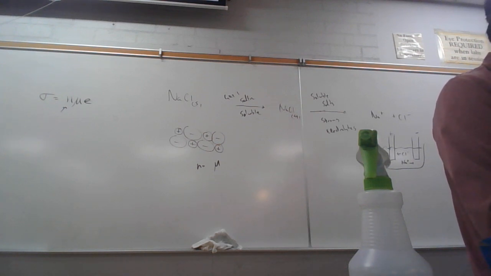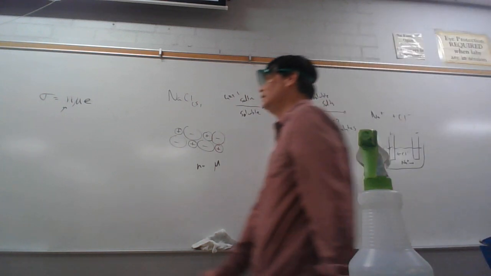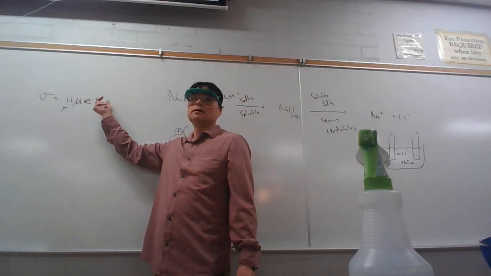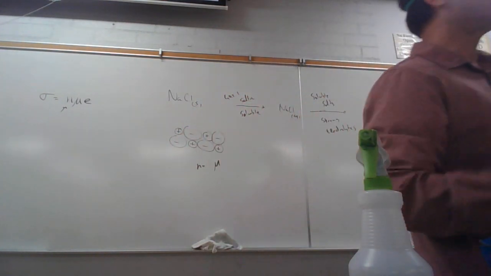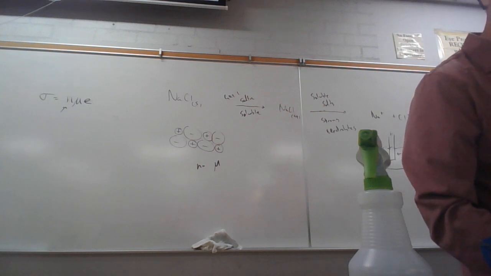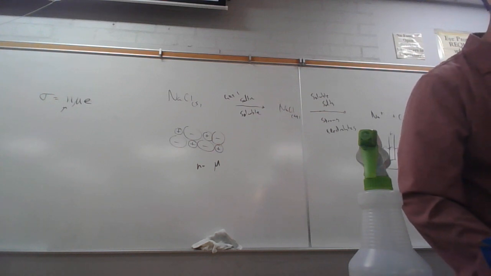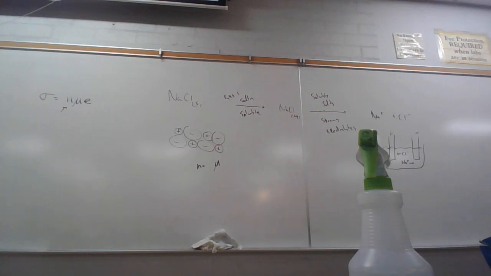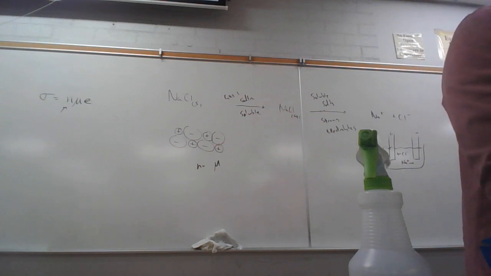It's just better to think about what happens in terms of number, mobility, and charge. If you have a lot of mobile ions, then it's going to be a good conductor, and if it's a good conductor, then you can call it that. Some people are very strict about the definition, but I don't want to get into that too much. Okay, I'm going to cool this down to solidify it.